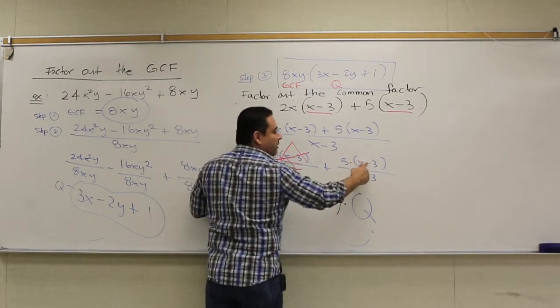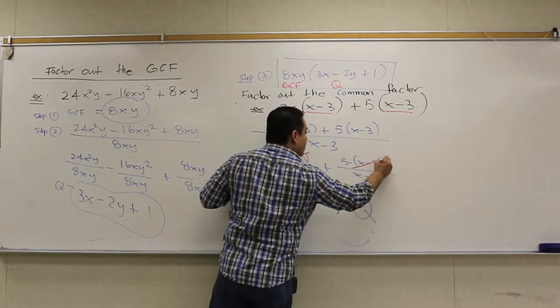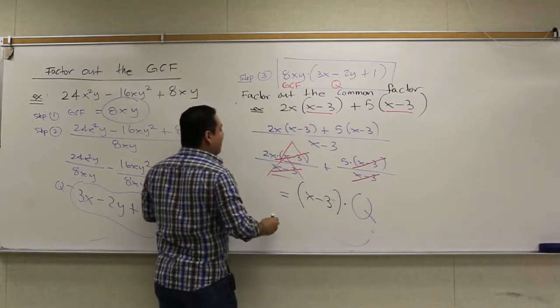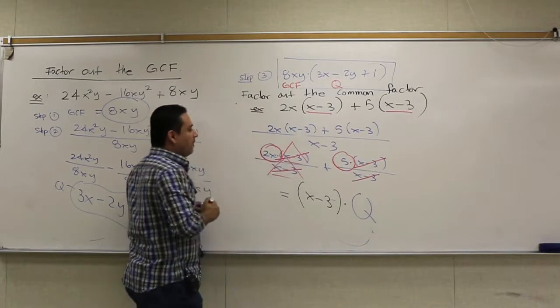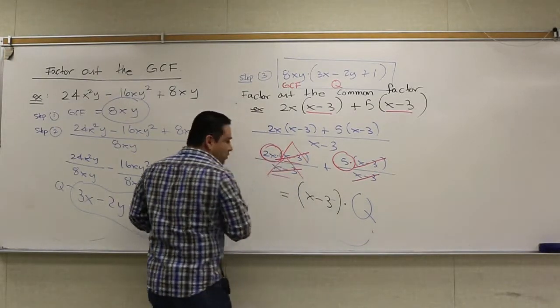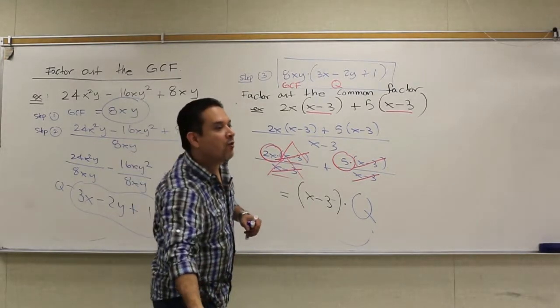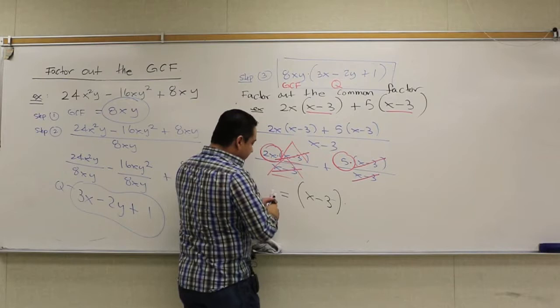What's left? 2x and 5. What do you think that's called? That's your quotient. So the quotient is going to be 2x plus 5.